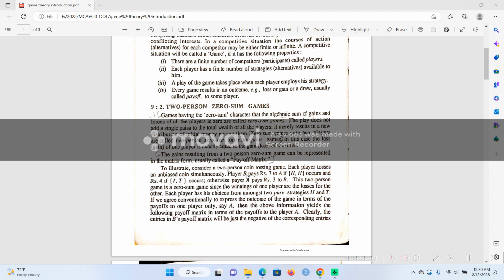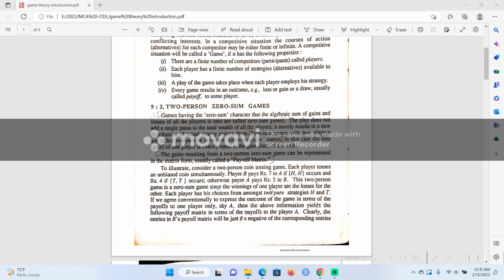Here we assume player B pays rupees 7 to A if heads occurs, and player B pays rupees 4 to A if tails occurs on both. Otherwise, that is, one having head and the other having tail, player A pays rupees 3 to B. So we assumed like this.